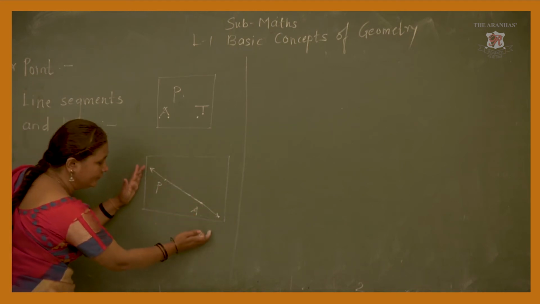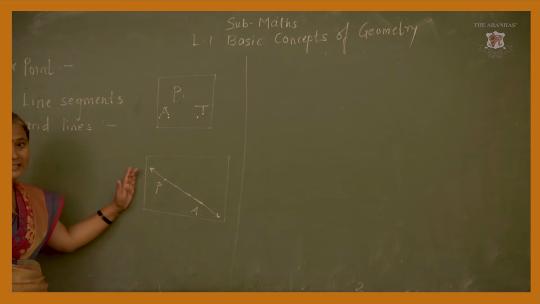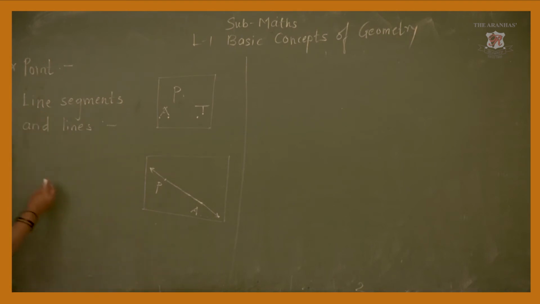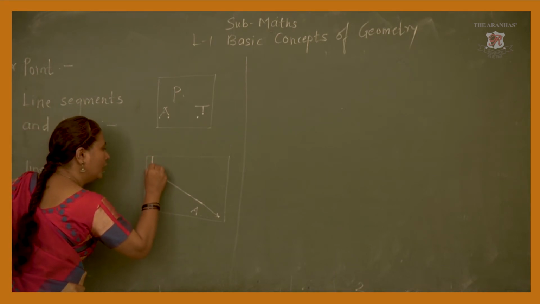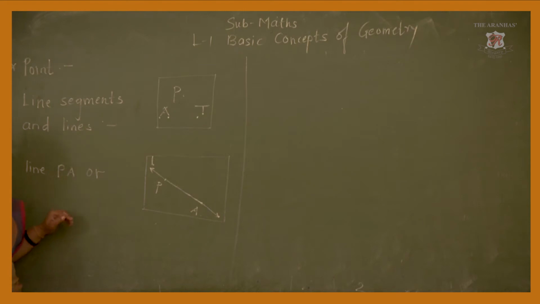We can read this line as line PA, or we can write the name of the line in a single small letter of the alphabet, using any letter from A to Z. So, or line L. We can write the name of the line as line PA or line L.